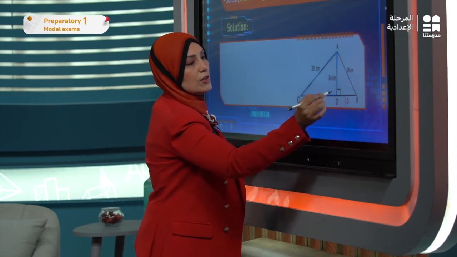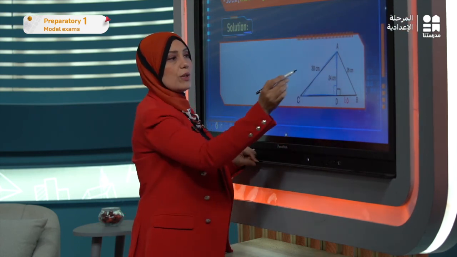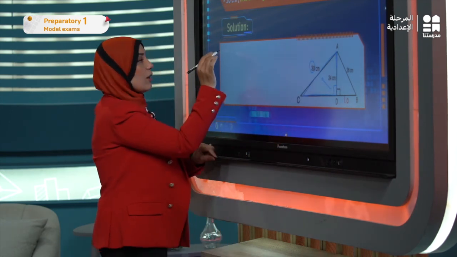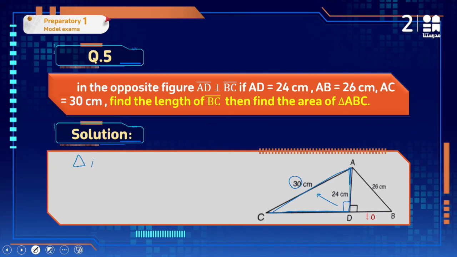If this one is 90, then this one also is 90. So here we have 30. The hypotenuse is given. So in triangle ADC, 30 squared minus 24 squared equals CD squared.